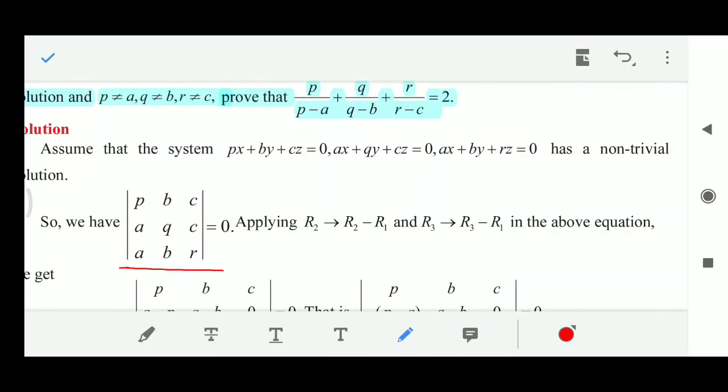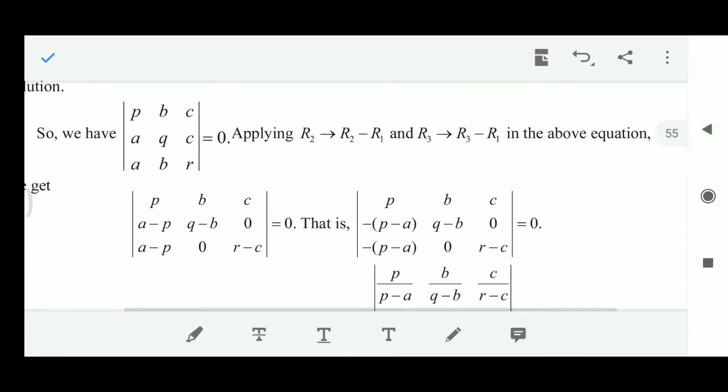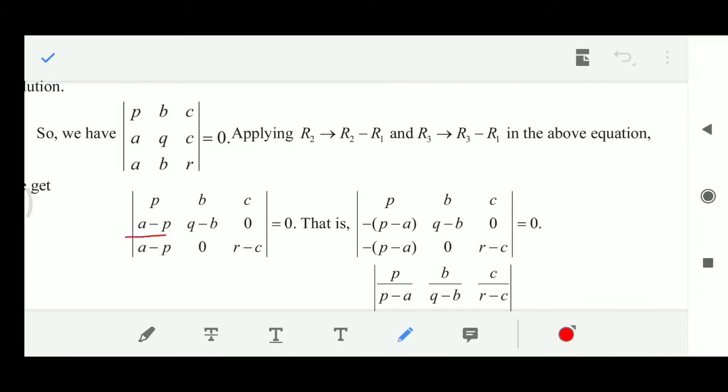Then the first elementary transformation is R2 implies R2 minus R1, which is A minus P, Q minus B, C minus C gives 0. Then the second transformation is R3 implies R3 minus R1, which gives A minus P, 0, R minus C.